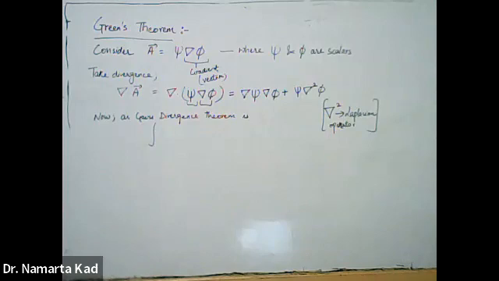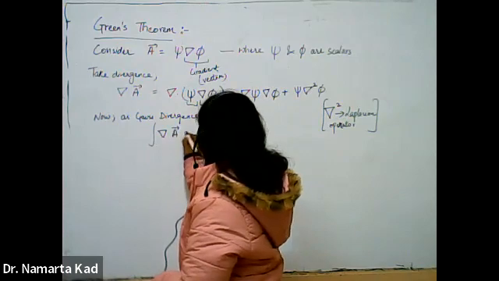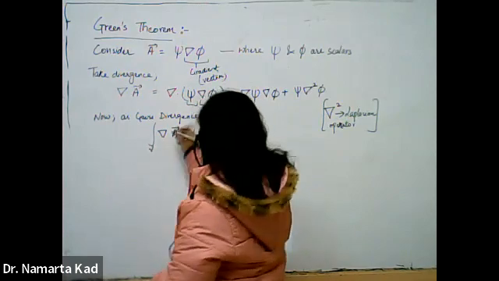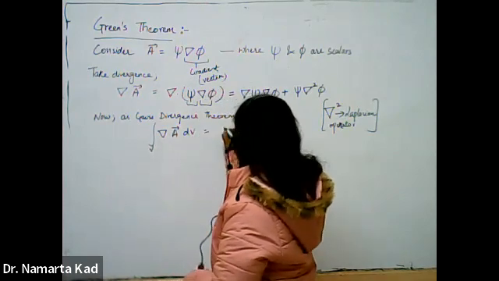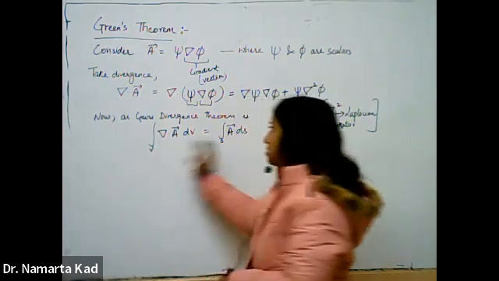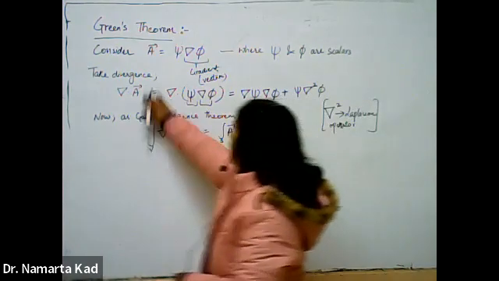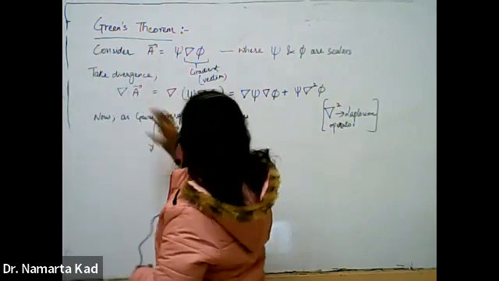So the Gauss divergence theorem is: the volume integral of del dot A vector dV, the divergence of any vector field, is equal to the surface integral of the same vector. This is my Gauss divergence theorem. And now just put down the value of A vector and del dot A vector in this.